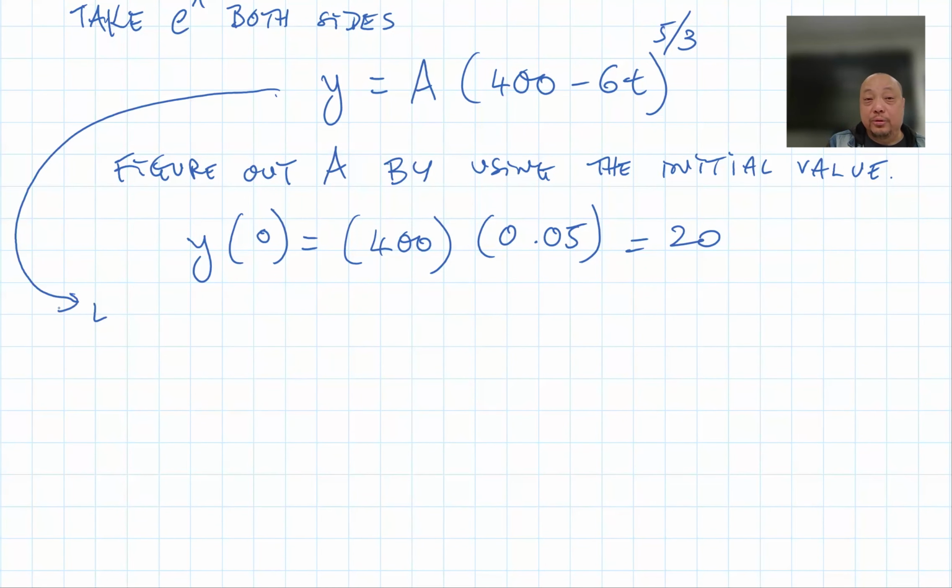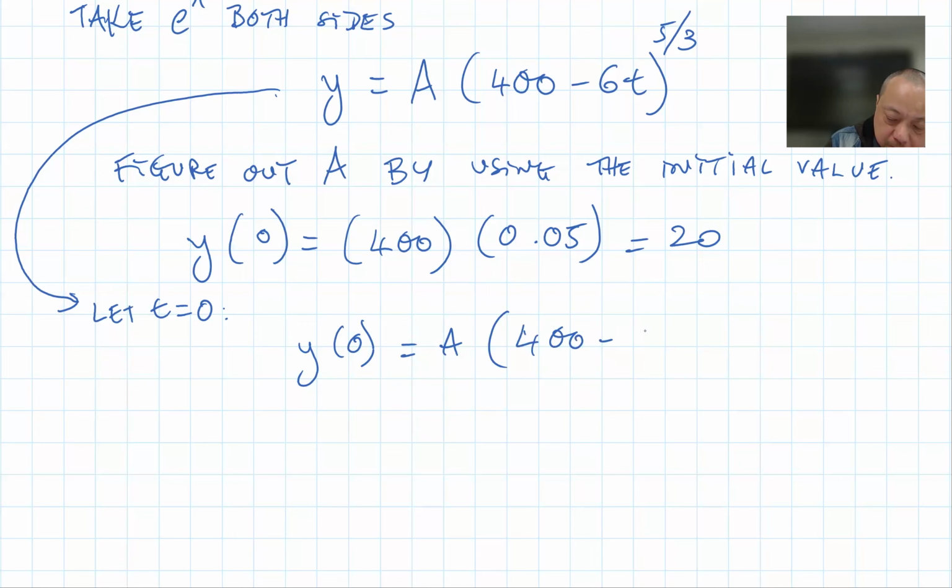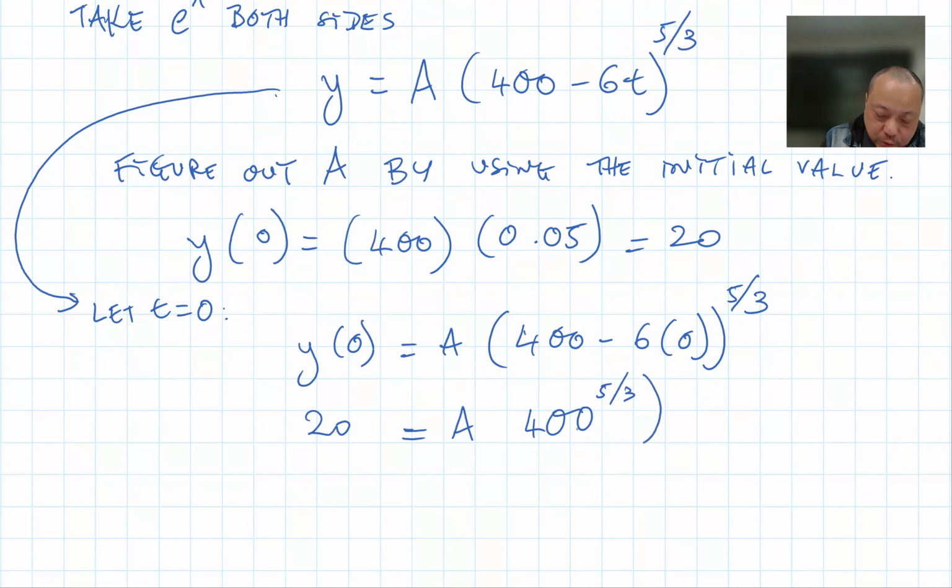So that works, it's 20 grams. So I plug into that equation, I let t equal 0, then I have y of 0 is equal to A. Y of 0 is 20. 6 times 0 is 0, so it's A times 400 to the 5/3.